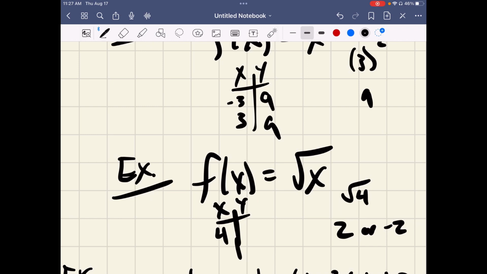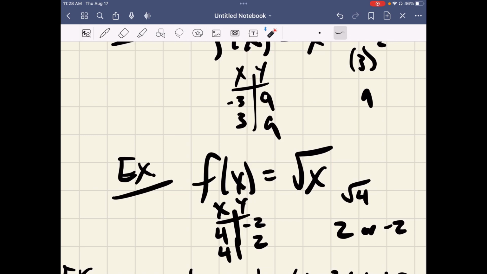So this x value goes to a -2 or a +2. If you look here, I have a 4 that maps to a -2, but the 4 could also map to a +2. So that would make it not a function, since the same x value goes to two different places. That makes it not a function.